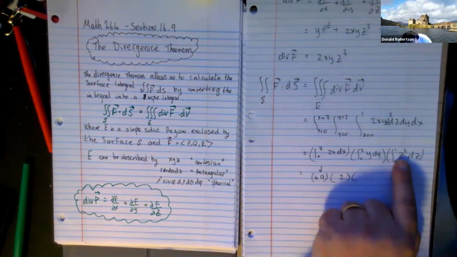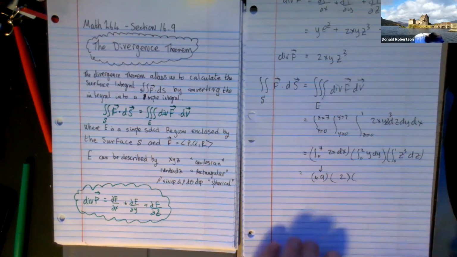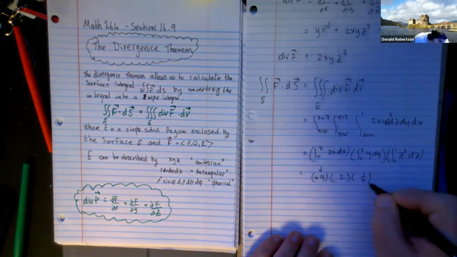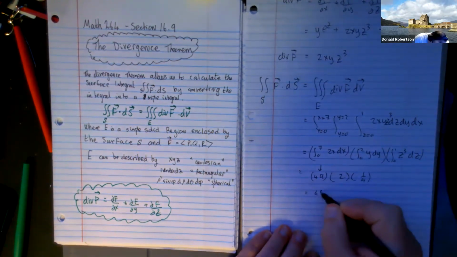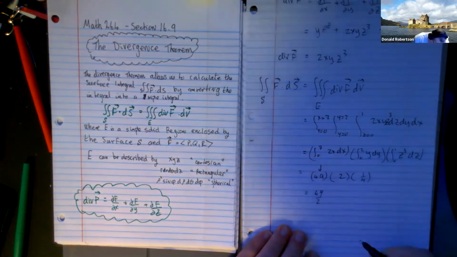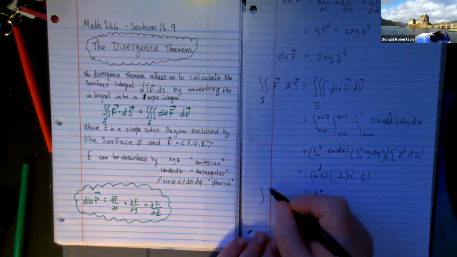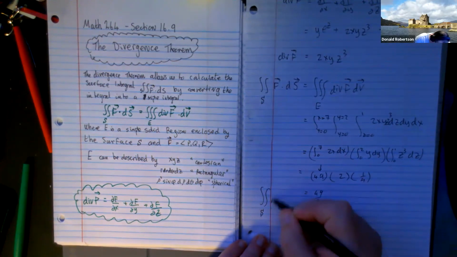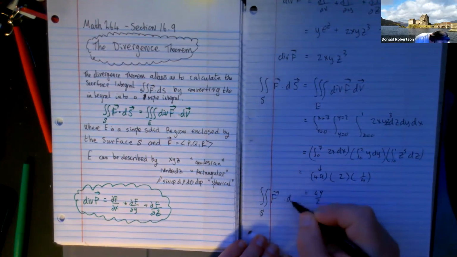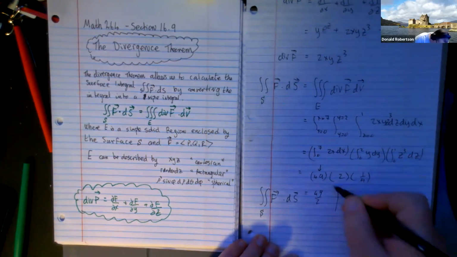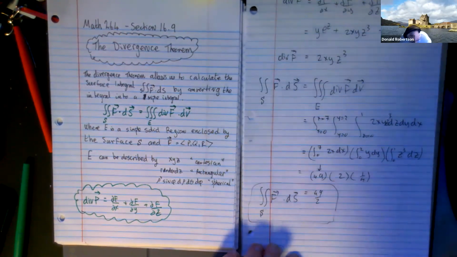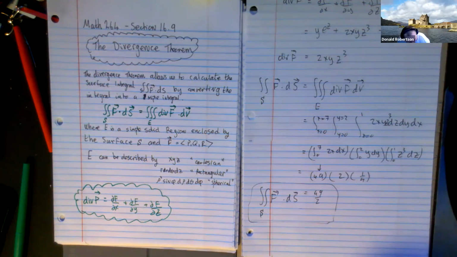And that's going to get me a quarter of z to the 4, so that's going to get me a quarter. So I'm going to be left with 49 halves. That is pretty smooth, wasn't it?